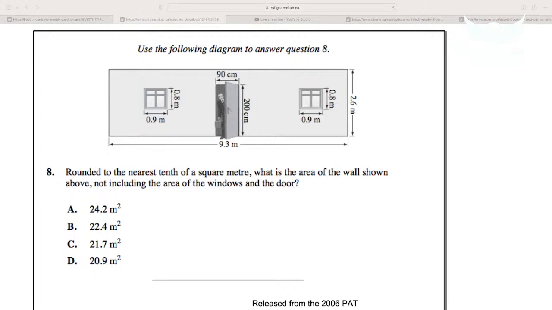So we need to find the area of the wall shown above, not including the area of the window and the door. So I'm not even sure if we need to calculate to do this question, because what we need to do here is calculate the surface area of the wall, right?